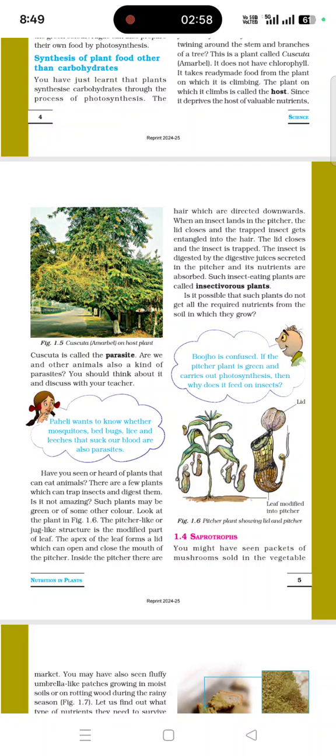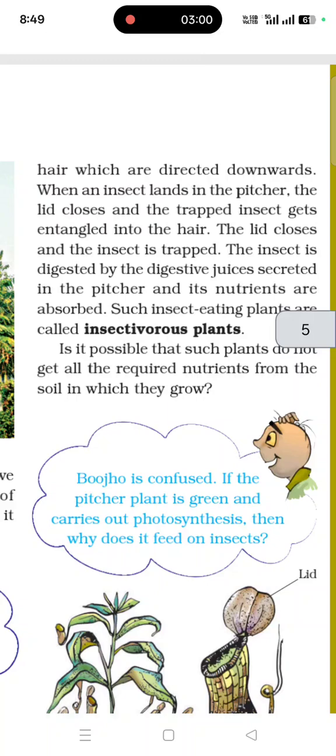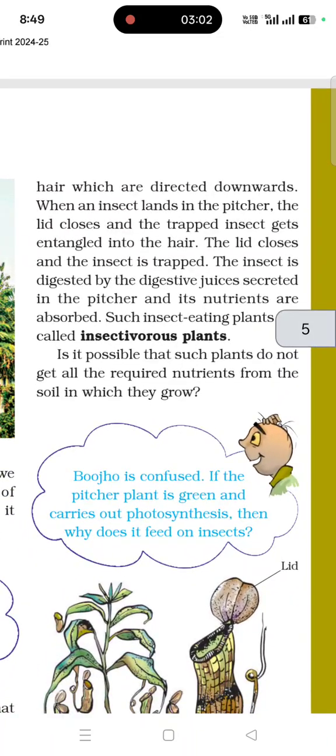Now we come to another category, the insectivorous plants. Insect-eating plants are said to be insectivorous plants, like the pitcher plant. The lid closes and traps the insect once it gets inside. Once an insect comes and lands on the plant, the lid closes and the insect is digested with the help of digestive juices.